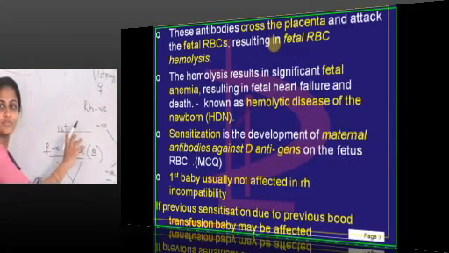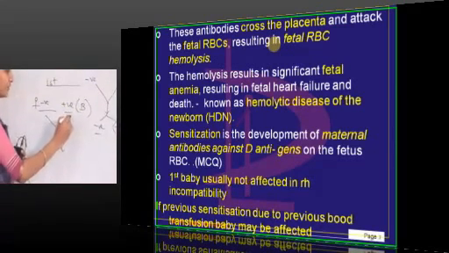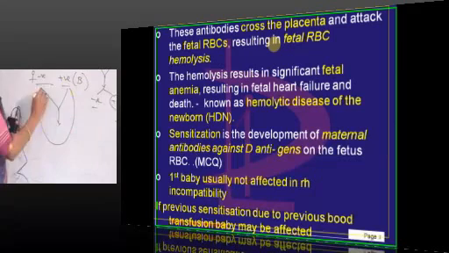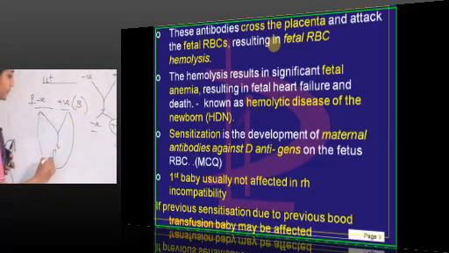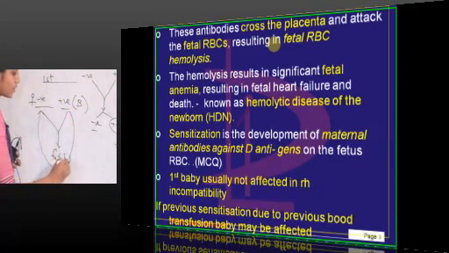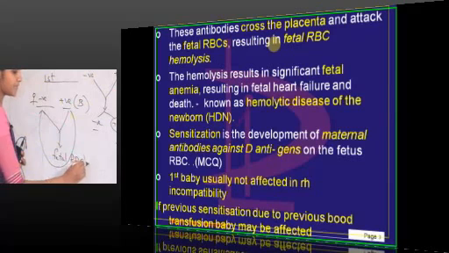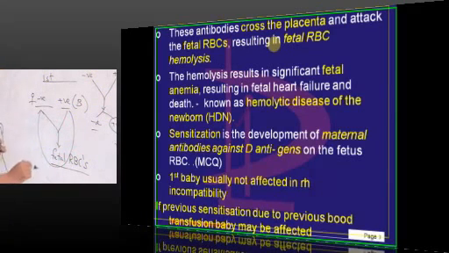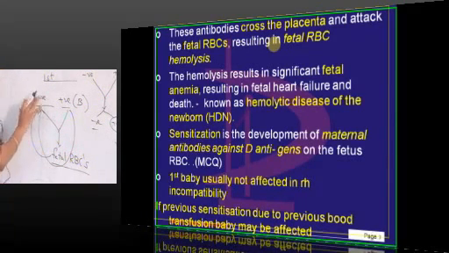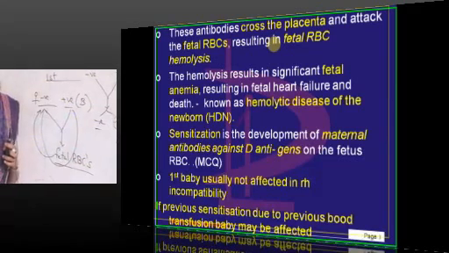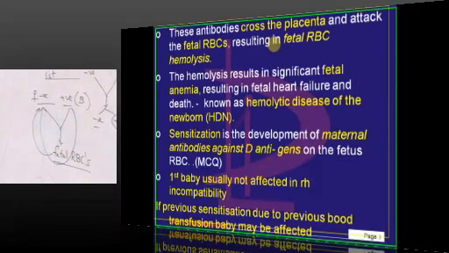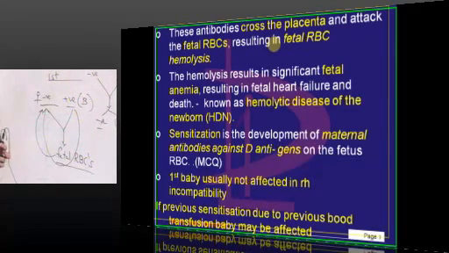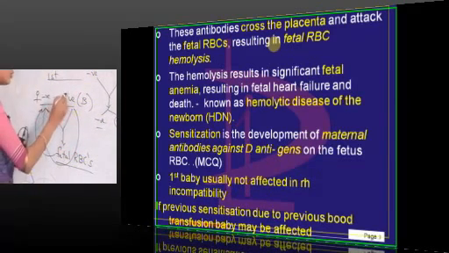Once the baby is positive, these fetal RBCs carrying the antigen are going to enter the maternal circulation. Once they enter, it is something strange to the mother, because she has been negative until now, but something strange has entered her body, that is positive antigens.